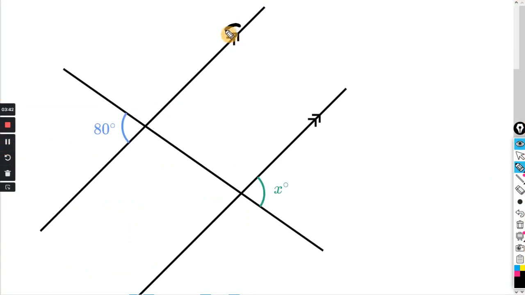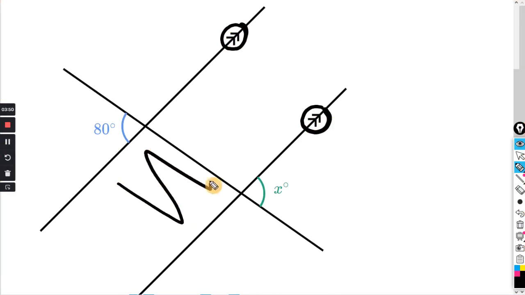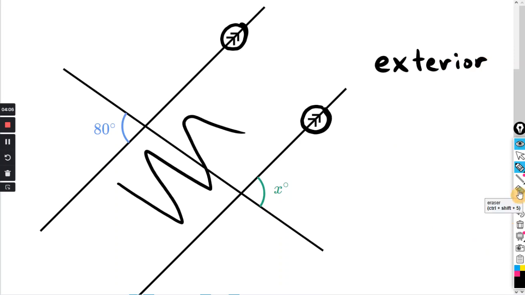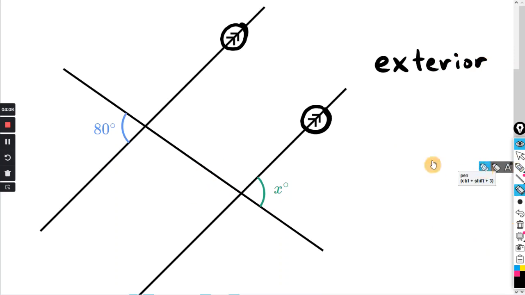So we have our parallel lines right here, and these arrows indicate that they are parallel. In between the two parallel lines is the interior, so clearly these angles are exterior. So I'm going to write exterior. And if you look at the transversal line, one angle is on the right and the other angle is on the left.